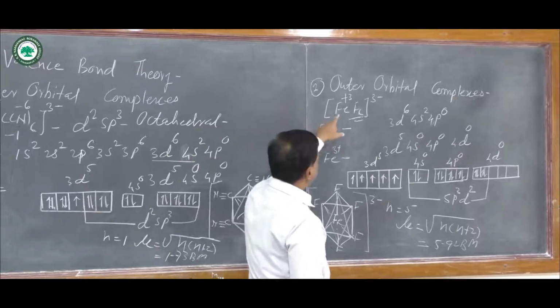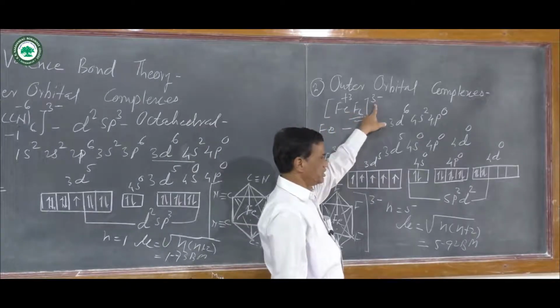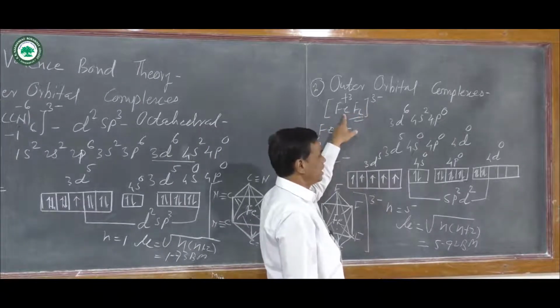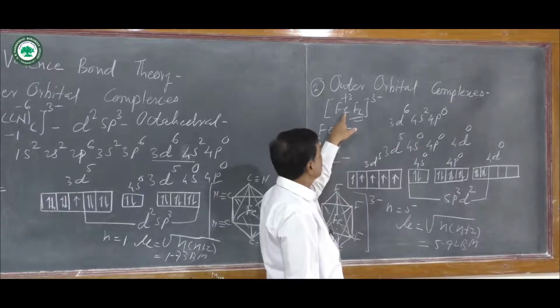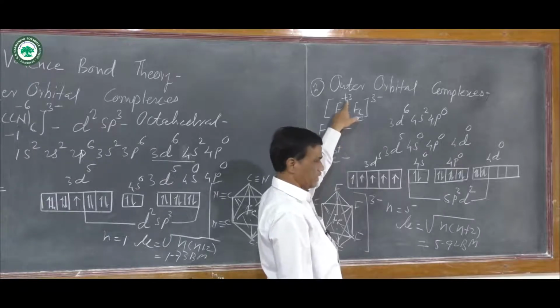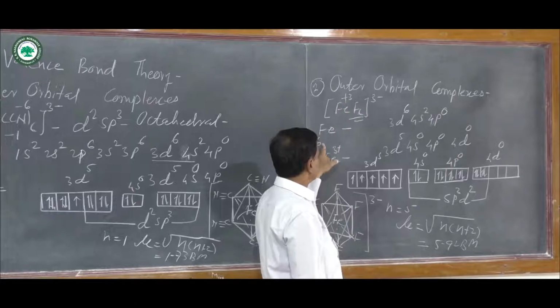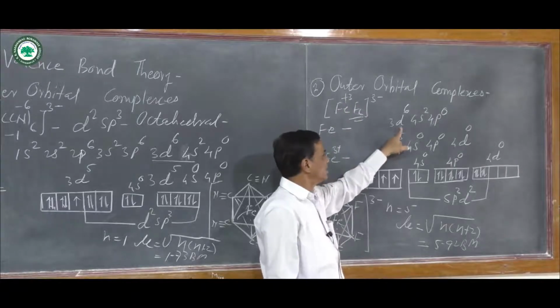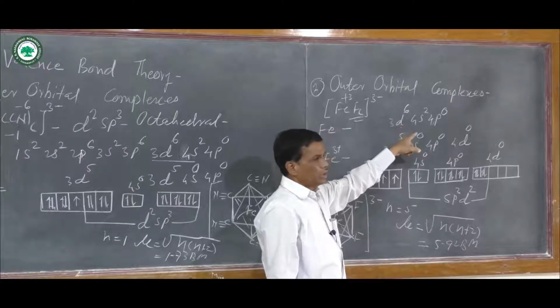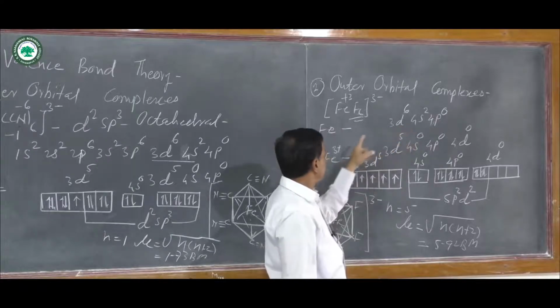Listen, here in [FeF6]3-, again the central metal ion is iron. The charge on iron is 3+. Atomic number is 26, and in the valence shell 3d6, 4s2, 4p0 orbitals are present.